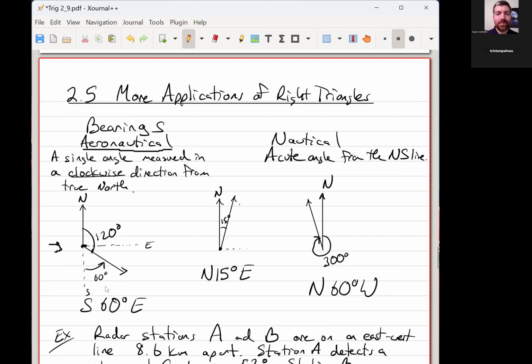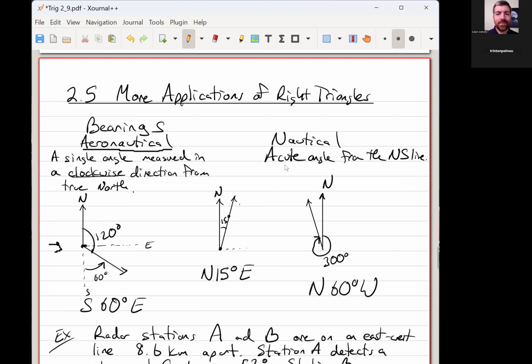Usually we look at the positive, and that's a counterclockwise rotation, but these bearings are different. So we just have to keep that in mind. If we're in a bearing situation, this is how it's set up, and it's always from the north line. Even if you're traveling south, that would simply be 180. East would be 90. West would be 270. So that's just one number to keep track of.